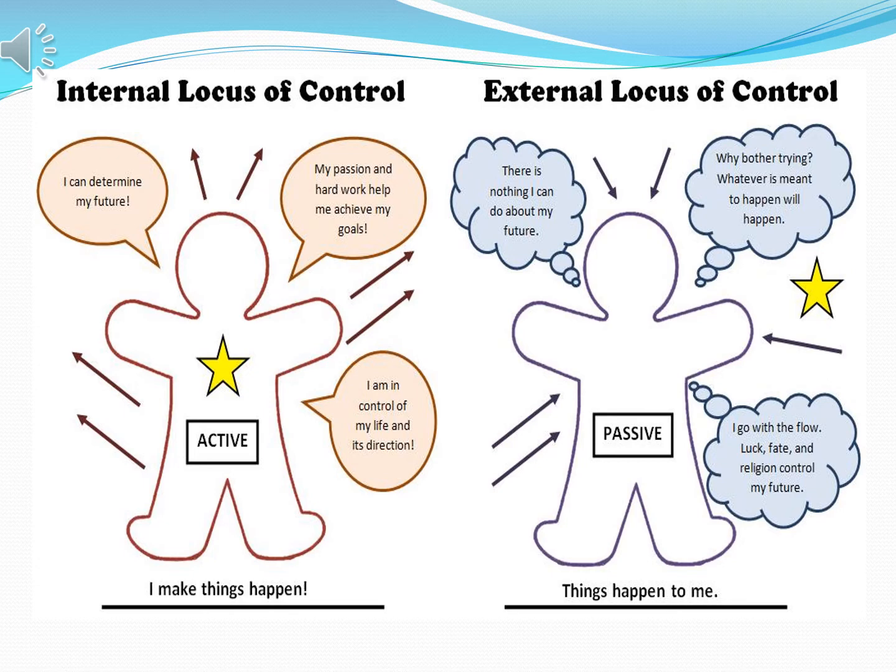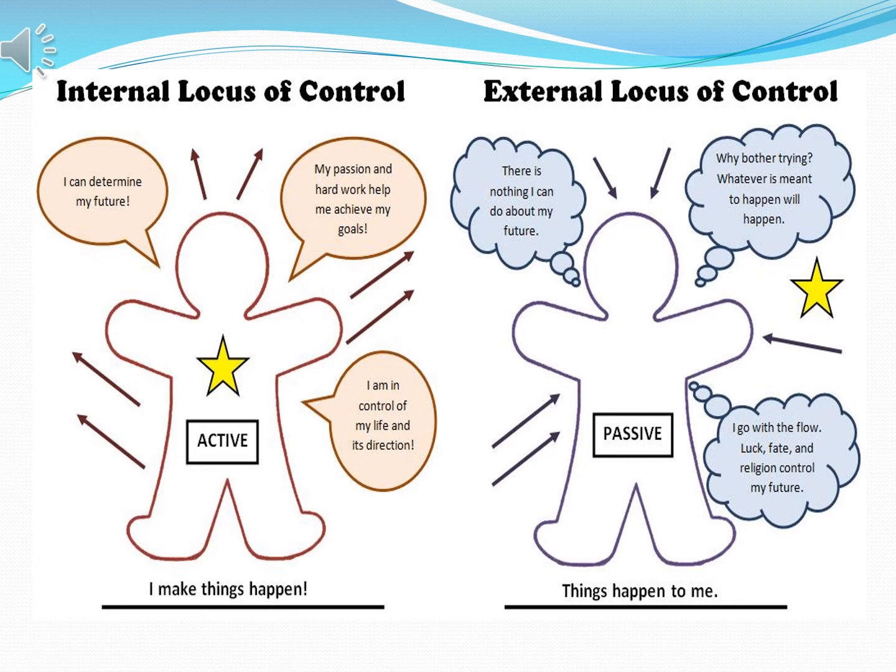So internal locus of control means they are in total control, whereas with external locus of control, they are passive. They say, things happen to me, this happened, that happened. So there is nothing I can do about my future. I just don't do anything, things are just happening to me. Why bother trying? Whatever is meant to happen will happen.